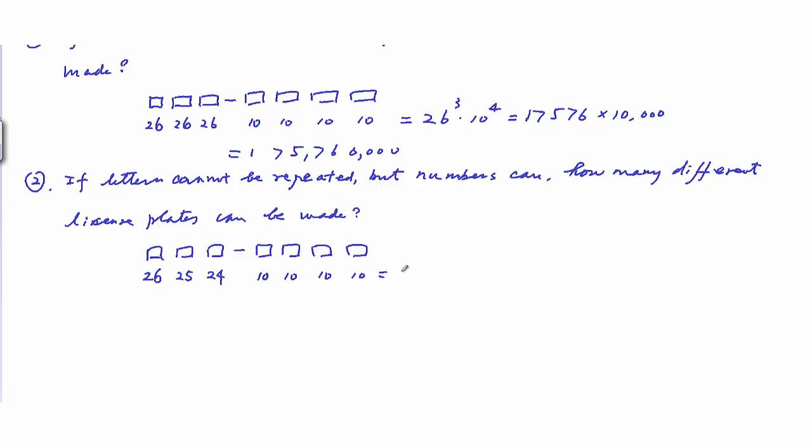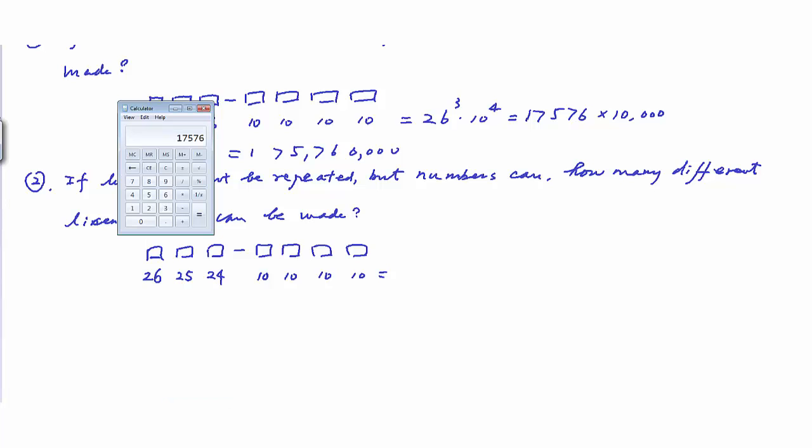So this will be, if you punch it in a calculator, 26 times 25 times 24. You get 15,600.